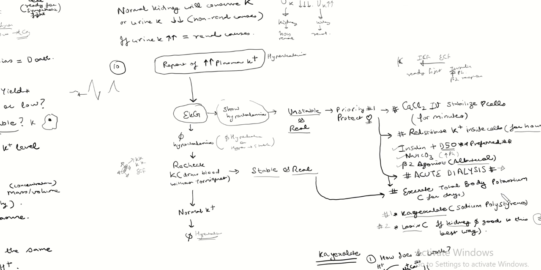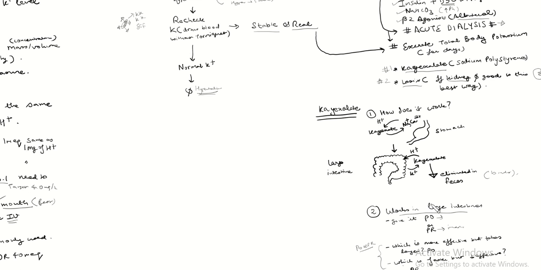Get rid of total body potassium with Kayexalate, which is preferred. If we recheck and the value is normal, then there was no hyperkalemia. But if there is hyperkalemia on rechecking, then it's stable and real. Then we have time. We just need to excrete total body potassium using Kayexalate. We went over how that works.